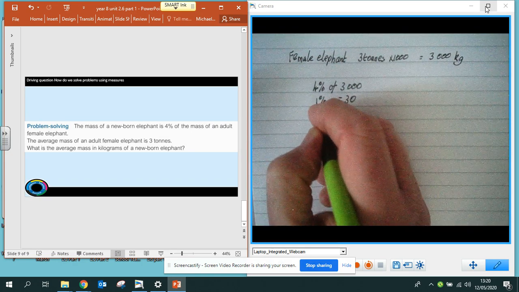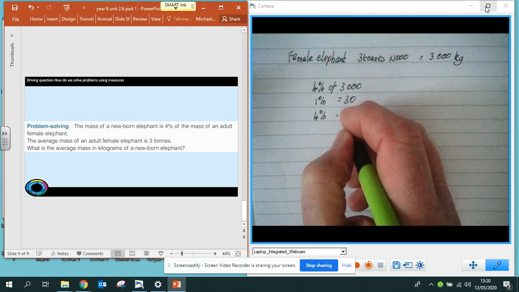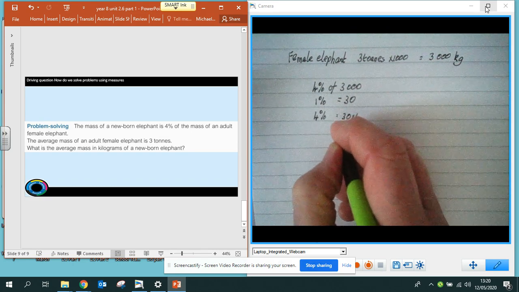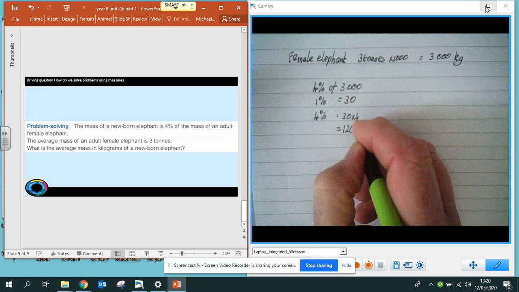So 4% is 30 times 4, which is 120 kilograms.